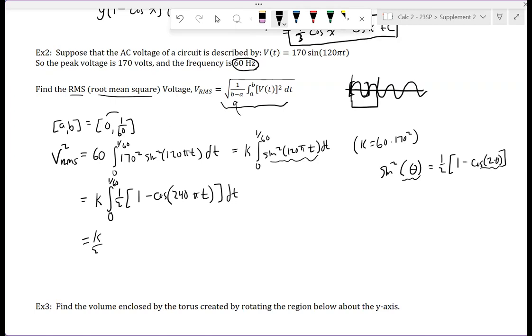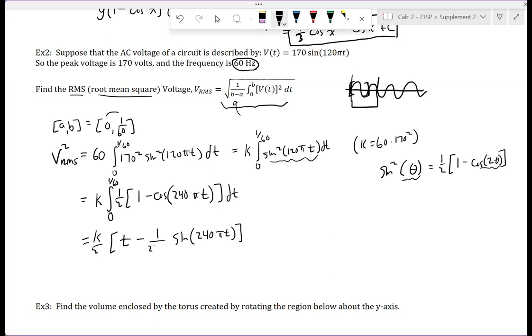K over 2. And then integrating this with respect to t gives me a t minus, cosine integrates to sine of stuff. Now I integrated to sine, but if I differentiate, sine differentiates to cosine, but then I get a 240 pi that pops out.